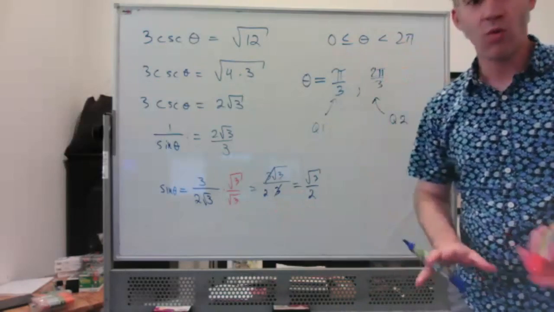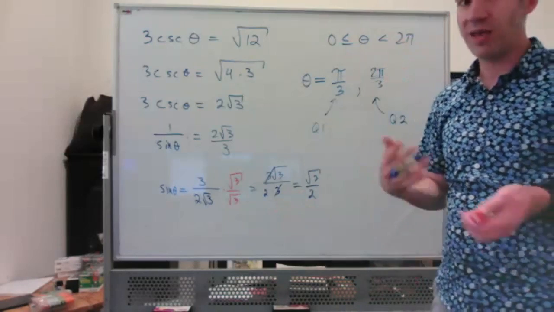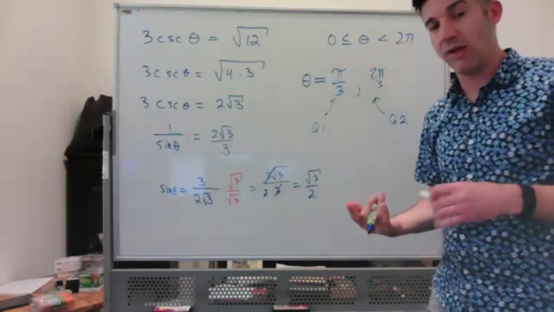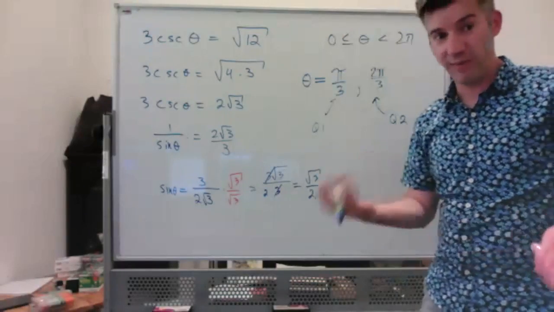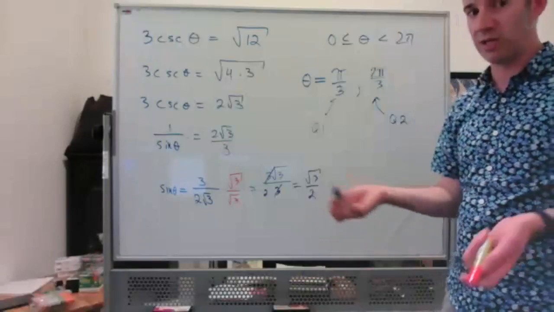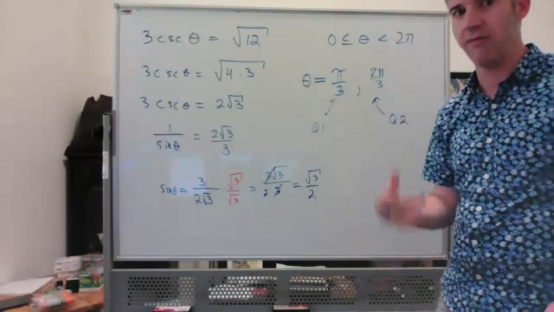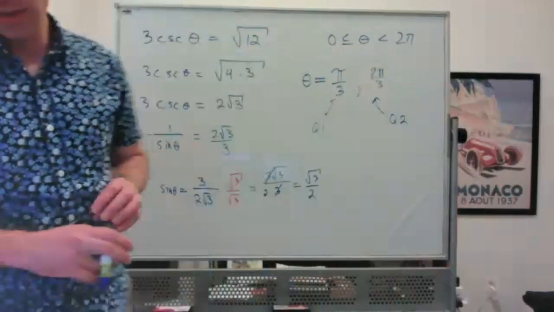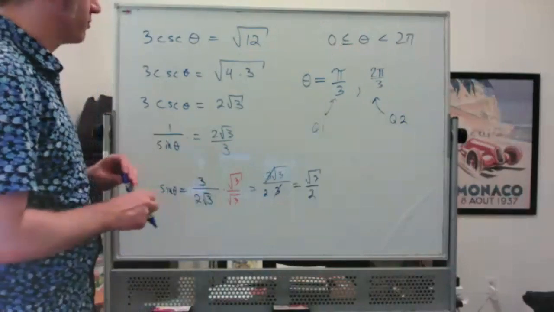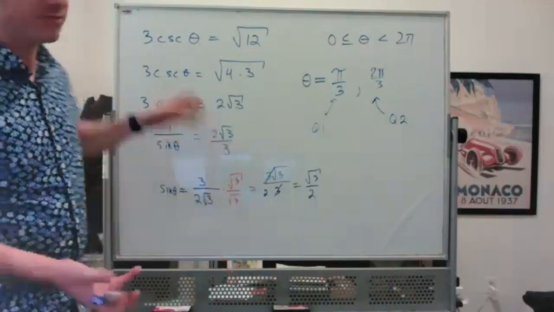So once you know one of the answers, all the other answers typically should have the same reference angle. So if you know one of your answers is 5 pi over 6, you know your other answer is something over 6. It's a 7 pi over 6 or 11 pi over 6 or 1 pi over 6. Just depends on kind of what you're working with. All right. Really, it's just more examples.